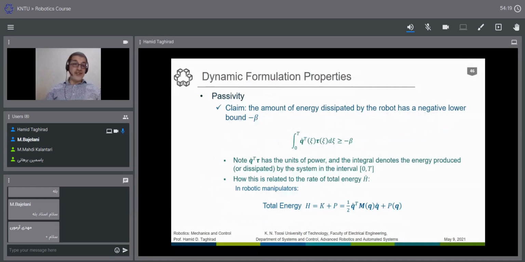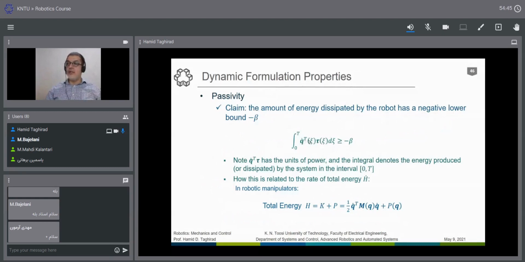This is somehow how we show that the robot is a naturally passive element. And if we have a number of robots, then we can use passivity for the stability of the motion. This, of course, is an advanced nonlinear property, but here we can show it very easily.